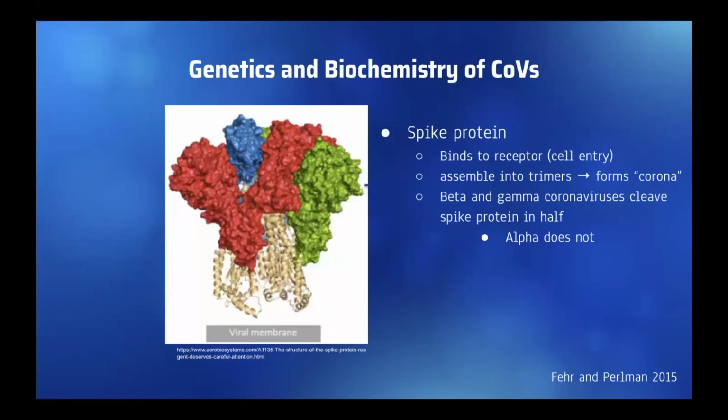So we know that the spike protein binds to a receptor in order to enter and infect cells. In coronaviruses, 3 spike proteins specifically assemble into what is known as trimers, as seen in this photo by the red, blue, and green. All of these trimers on the surface give rise to the corona or crown-like structure associated with coronaviruses. Beta and gamma coronaviruses specifically cleave their spike proteins in half, while alpha coronaviruses do not.